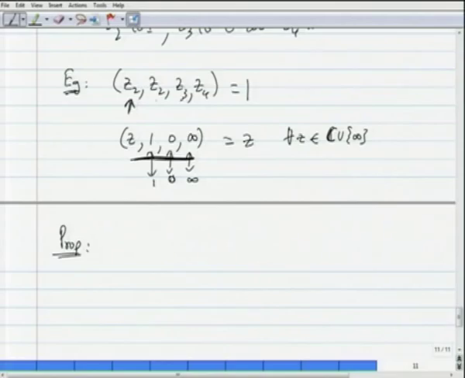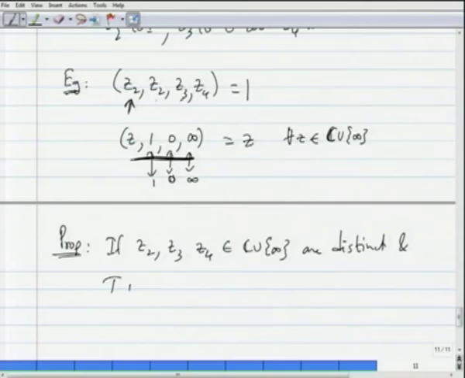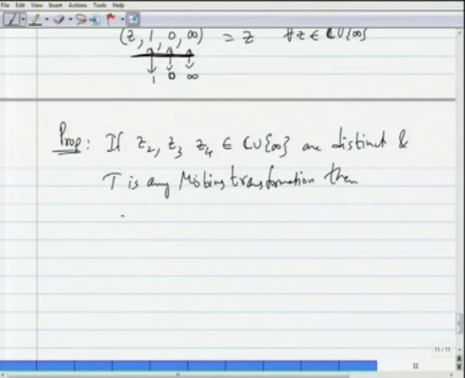And here is a proposition. If Z2, Z3, Z4 belonging to C union infinity are distinct points, and T is any Mobius transformation, then the cross ratio (Z1, Z2, Z3, Z4) is equal to the cross ratio (TZ1, TZ2, TZ3, TZ4).